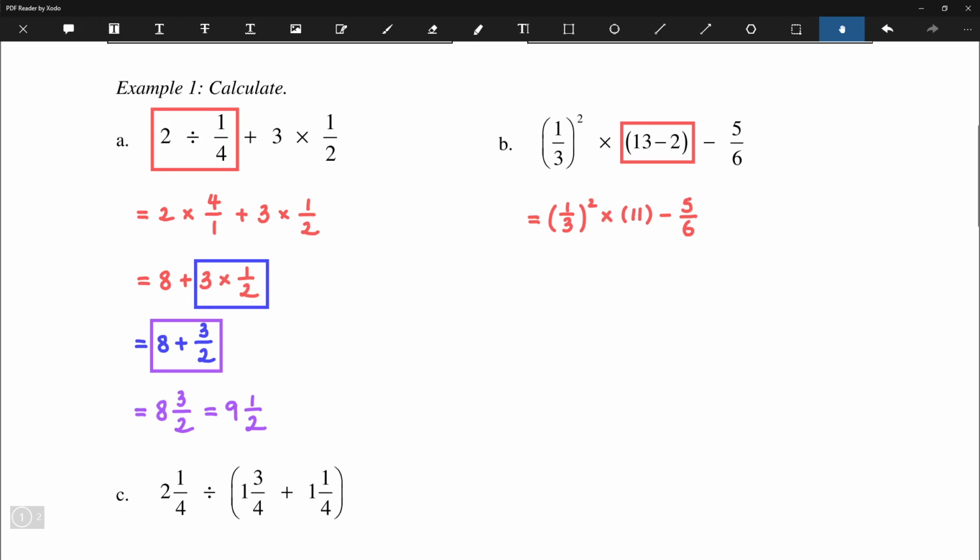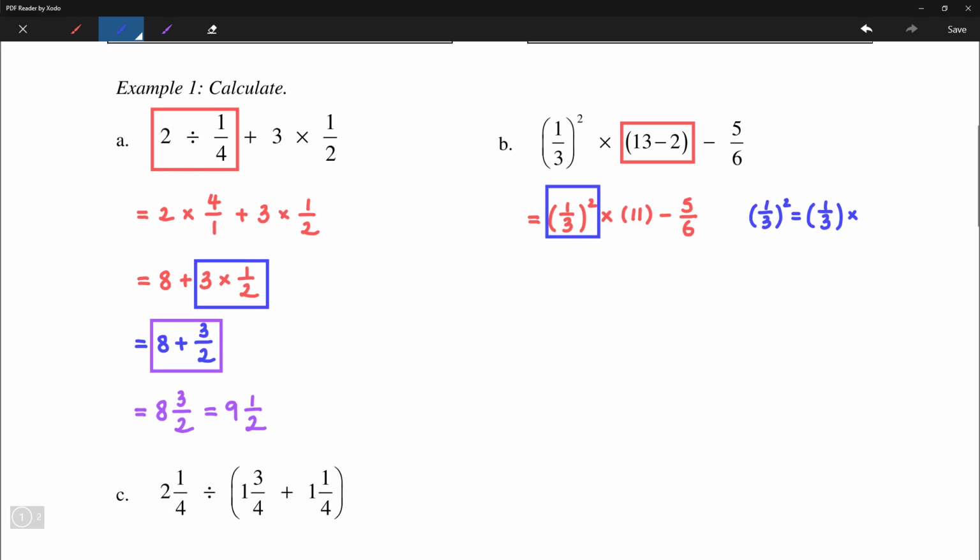Next step then is the exponent. Just going to write this to the side. 1/3 squared, of course, is 1/3 times 1/3, which will give us 1 over 9.